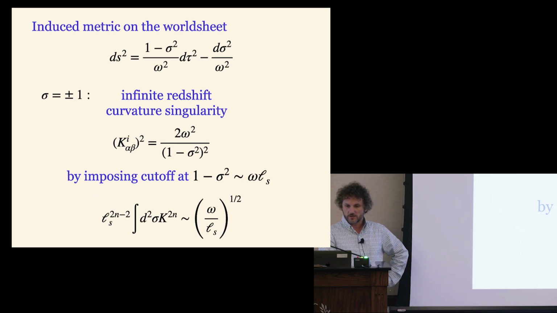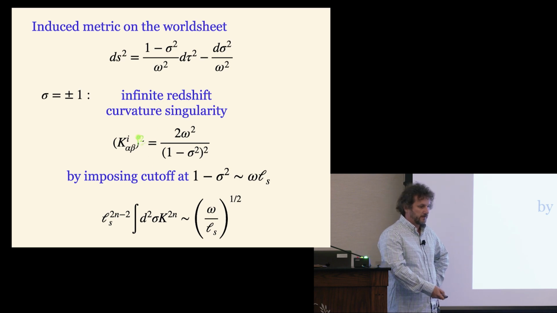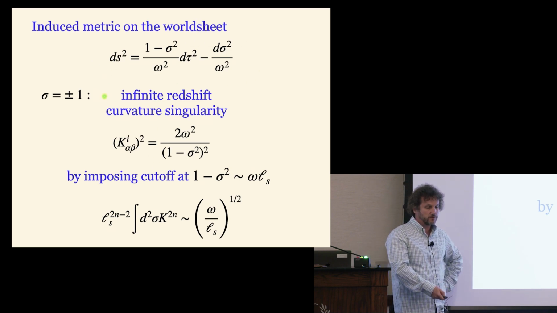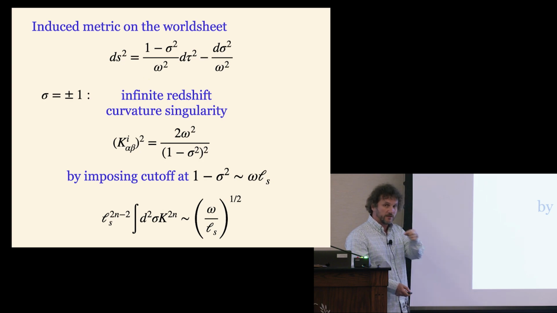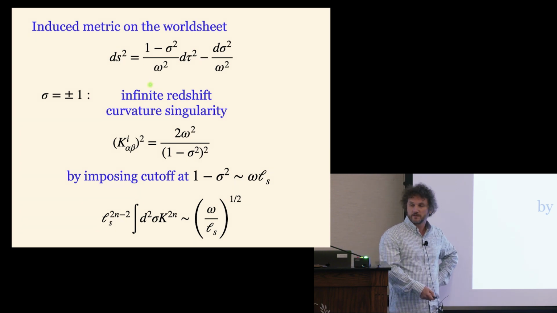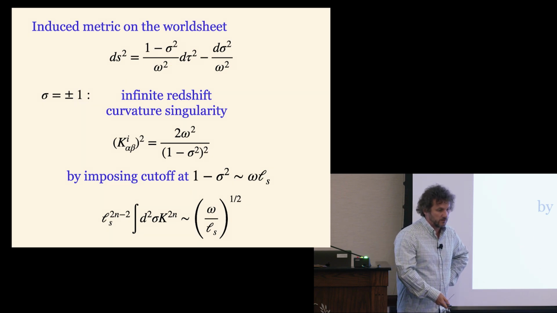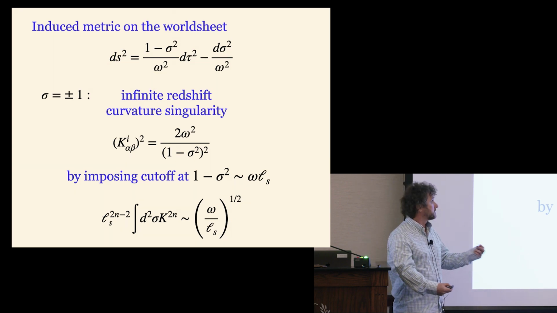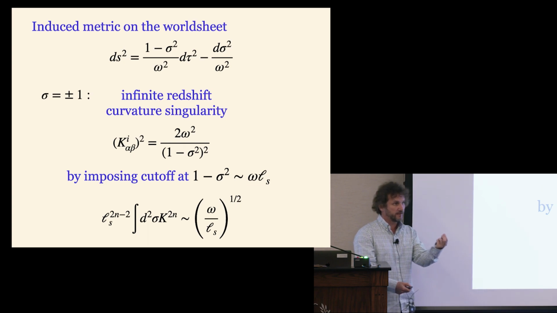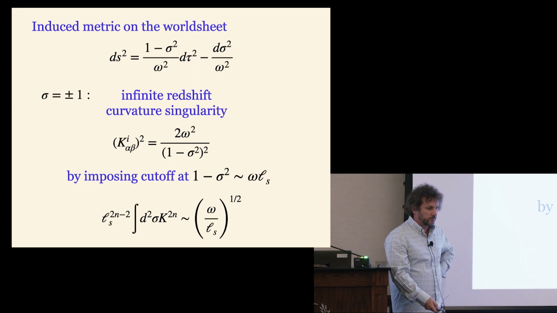To see that, let's look at just an open string. What I'm showing here is the induced metric on the worldsheet, with Neumann boundary conditions, where sigma, a coordinate along the string, runs from -1 to +1. Just by staring at this induced metric, first of all, one notices that the endpoint of the string, with respect to an observer sitting at the center of the rotating string, has infinite redshift.